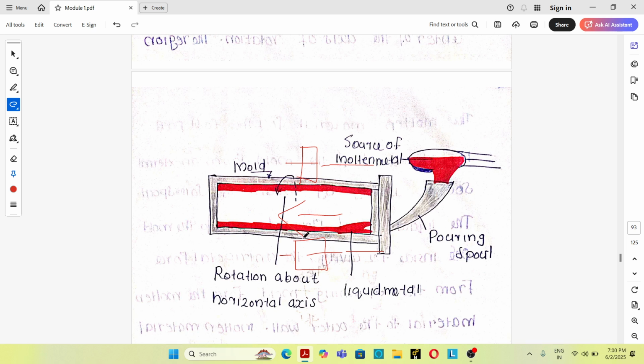As the mold is rotating, the molten material is pushed in outward direction towards the mold wall surface. The rotation will remain there during solidification also, so the molten material will stick to the mold wall surface. So this is known as the true centrifugal casting process.